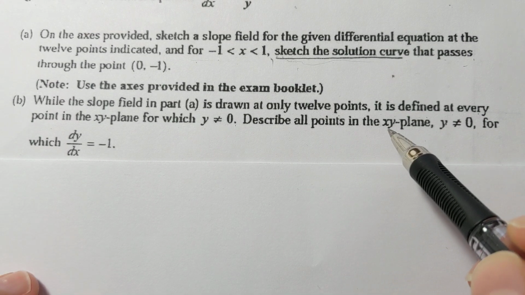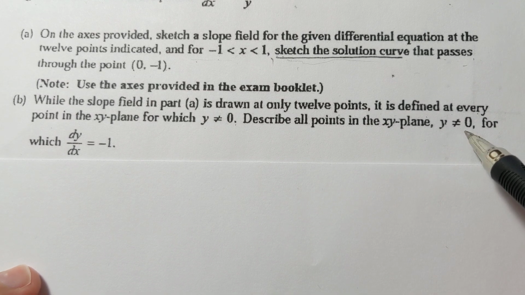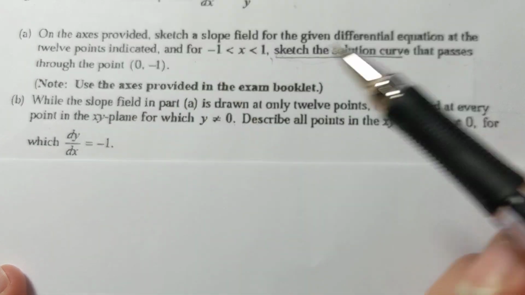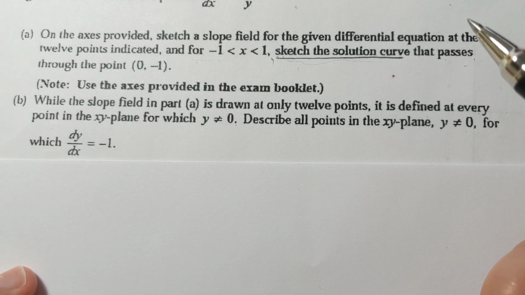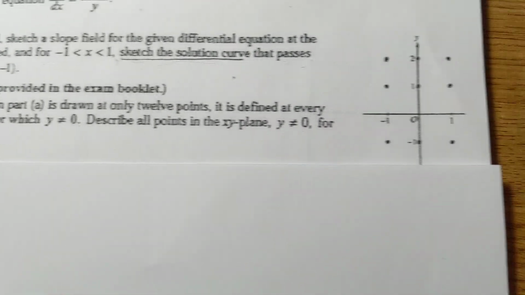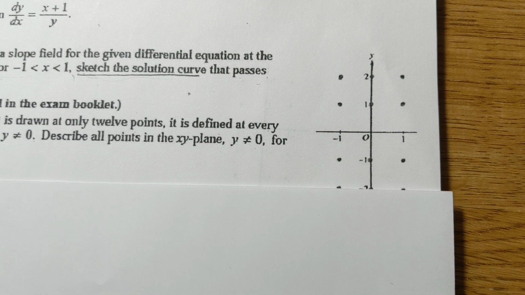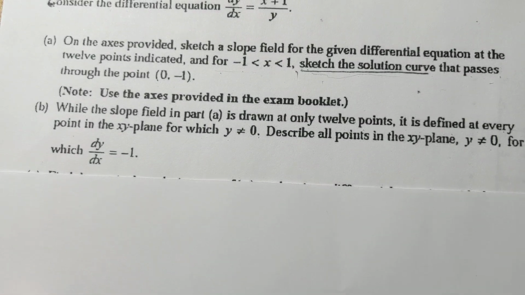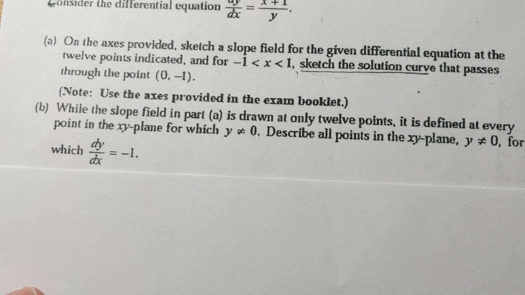Describe all points in the xy plane, y not equal 0, for which dy/dx equals -1. Definitely not going to count that infinite number of points on the xy plane, even though we only have 12 points given, but there are decimals in between. Okay, so it's not practical to count the points.